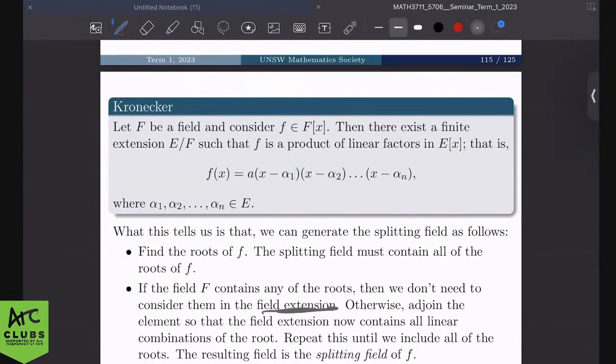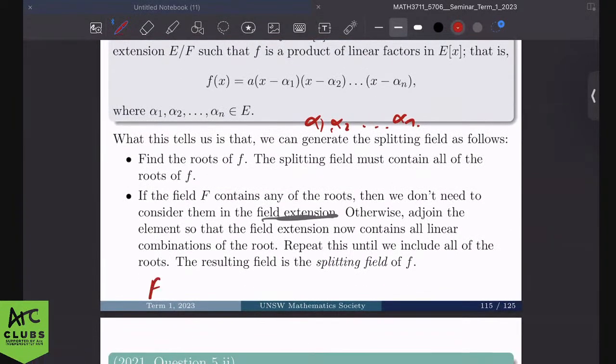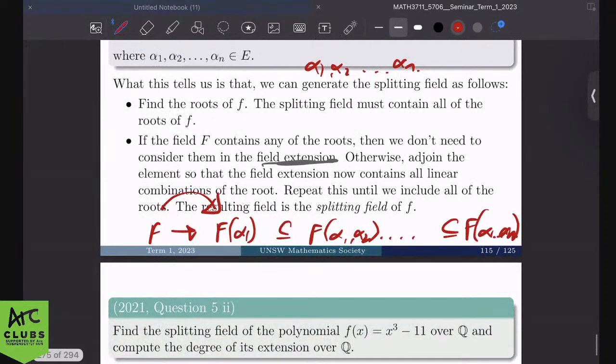You've got roots alpha 1, alpha 2, and so on, and you adjoin them one by one. So you go from F to F alpha, and you construct a tower of extensions, basically. Then you eventually contain all of the roots, and you've got the splitting field. And you can find, for example, the degree of the extension by looking at the tower of extensions.